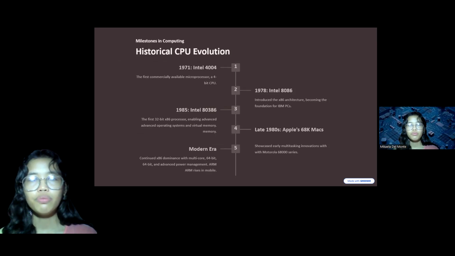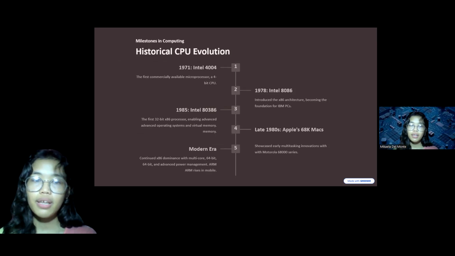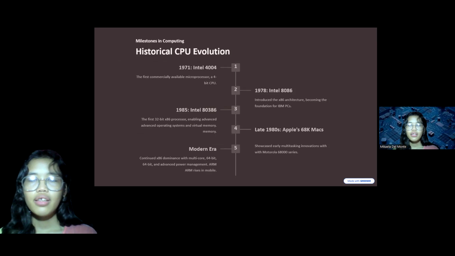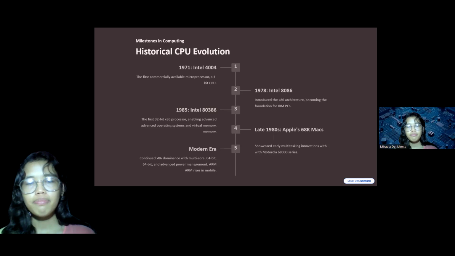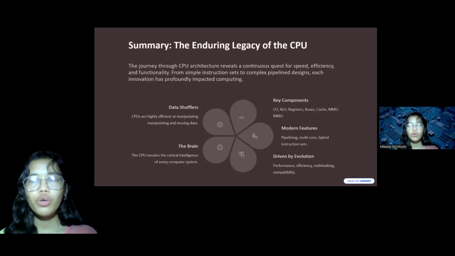The Intel 4004 is the first commercially available microprocessor, a 4-bit CPU. Next is the Intel 8086, and then in 1985 the 32-bit x86 processor was introduced. Later on, in the 1980s, we have Apple's 68K Macs. And in the modern era, we continued x86 dominance with multi-core, 64-bit, and advanced power management in ARM.